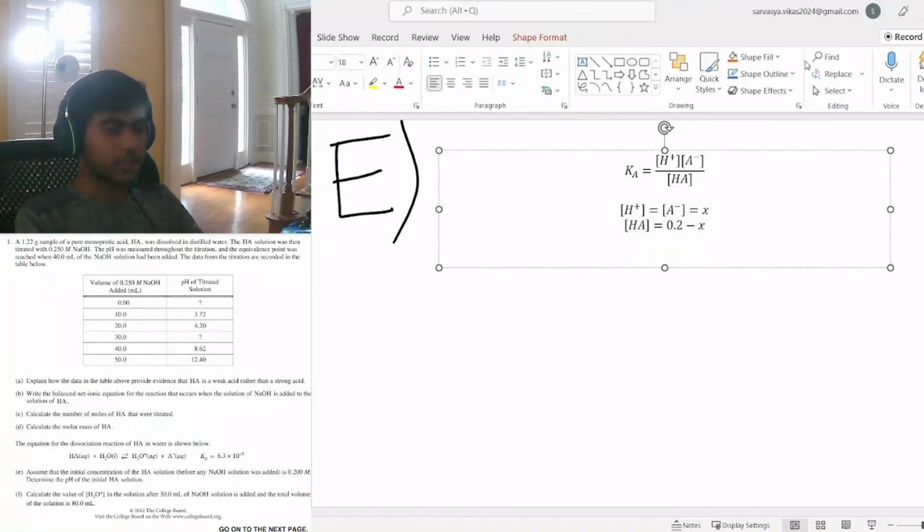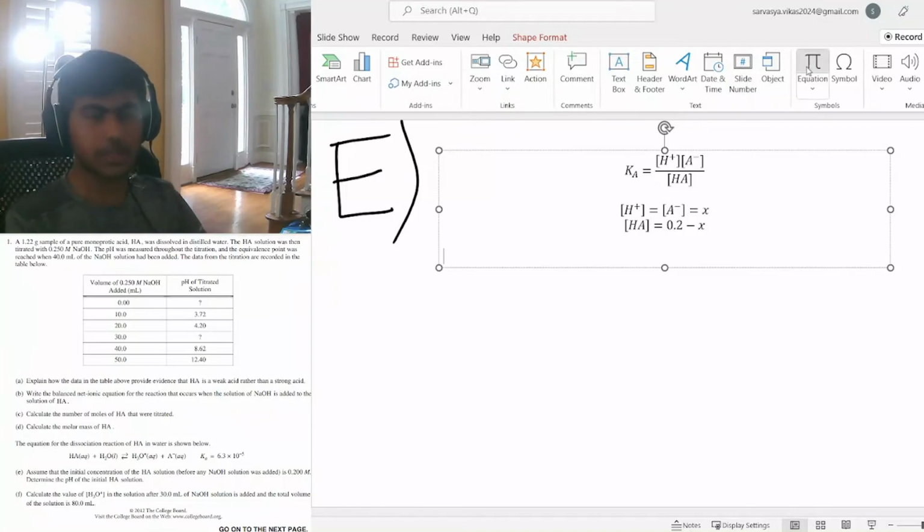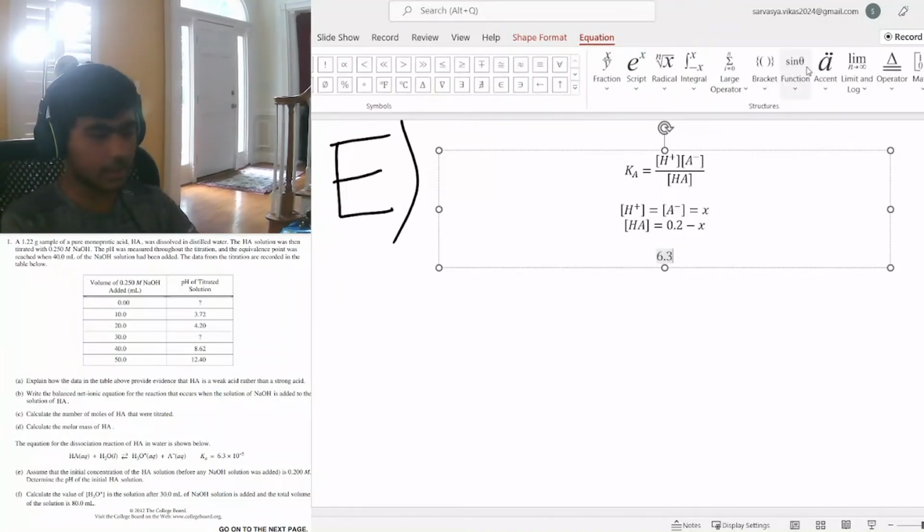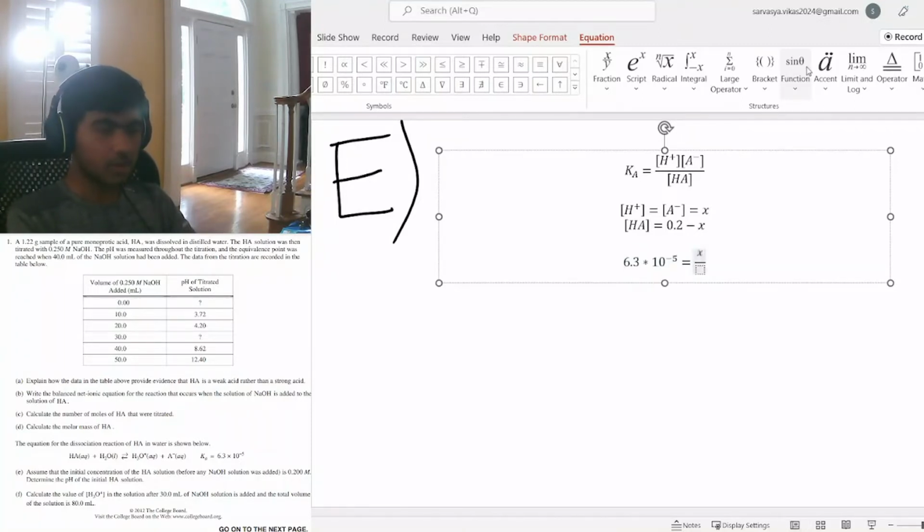And then our equilibrium expression, our Ka, which remember they told us is 6.3 times 10 to the negative 5th, is going to be x squared over 0.2 minus x.